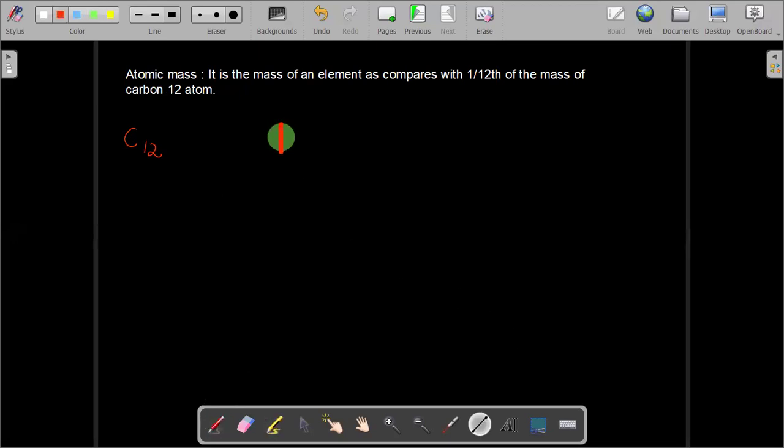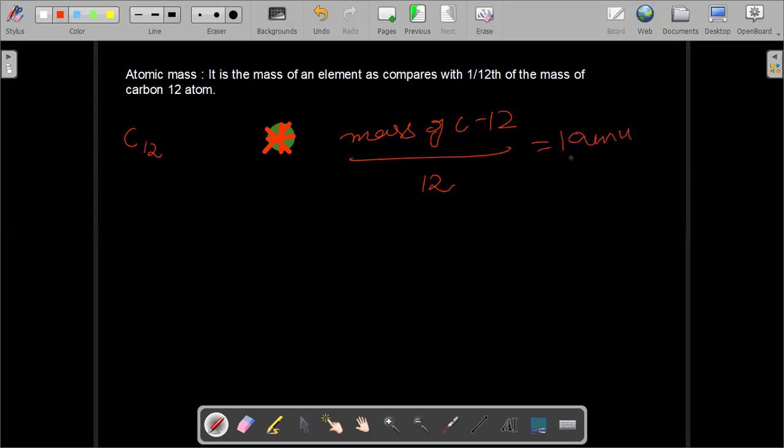Now, the mass of one piece, that is mass of carbon 12 divided by 12, makes one atomic mass unit. So one atomic mass unit is 1/12 of the mass of carbon 12 atom.